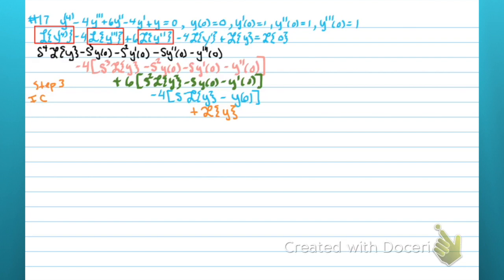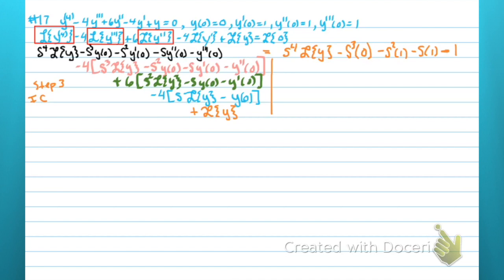Now I'm going to expand out each one of those so that it makes nice, pretty print. When I plug these in, that's still s to the fourth Laplace of y, minus s to the third times y naught, which is 0, so that's 0. Minus s squared times 1, because y prime naught is 1.